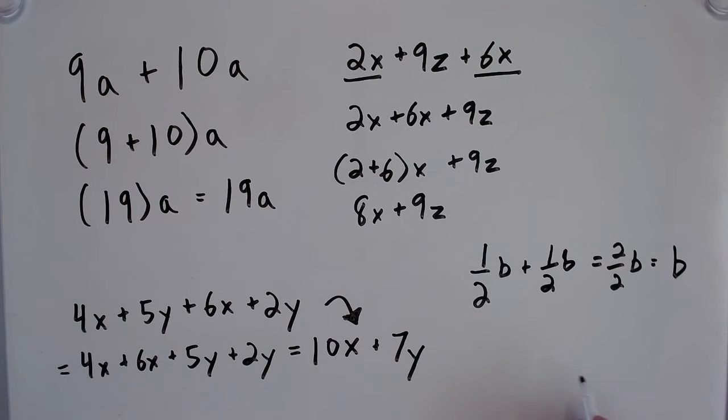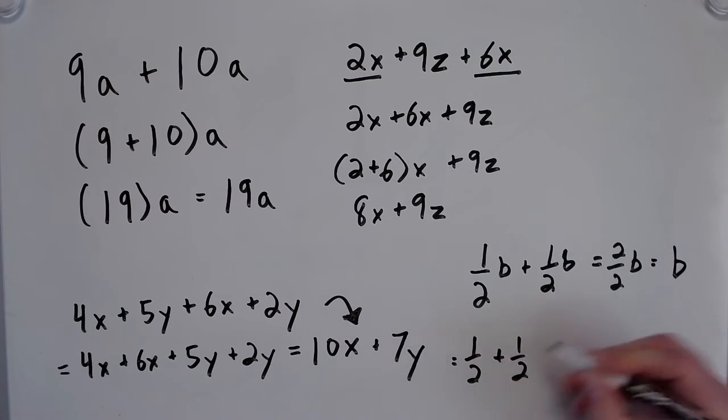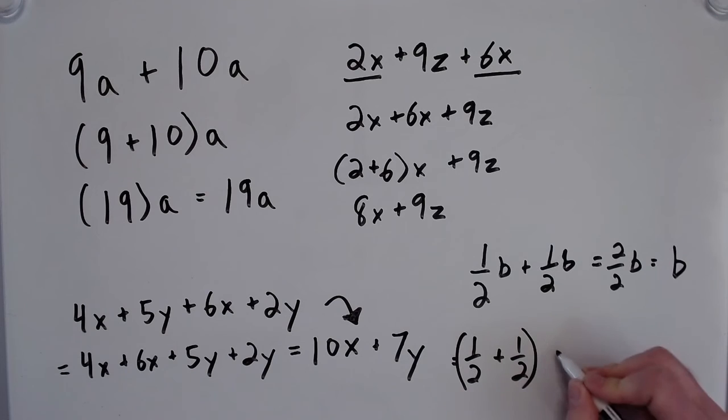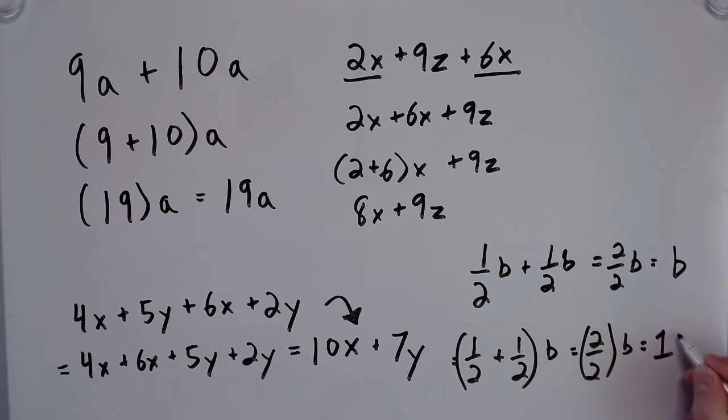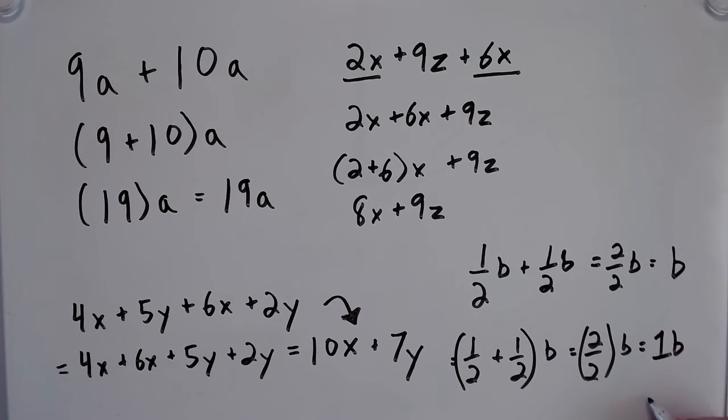But I want to factor this out. I just want to show that this still works even with something like a fraction. So in this case, I'm going to factor out the b and say 1/2 plus 1/2 times b is equal to 2 over 2 times b, which is equal to 1b, which is equal to b down here in the corner. B, so it works.